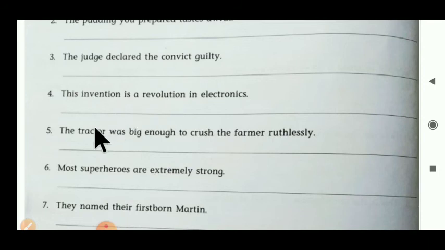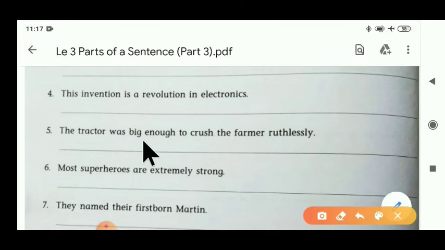Now we have to discuss the fifth sentence. The tractor was big enough to crush the farmer ruthlessly. Here the tractor is the subject of that sentence. Big enough is a complement to describe the subject.